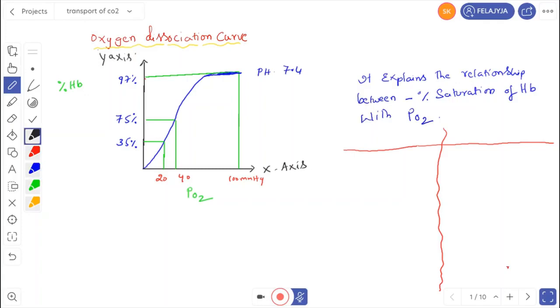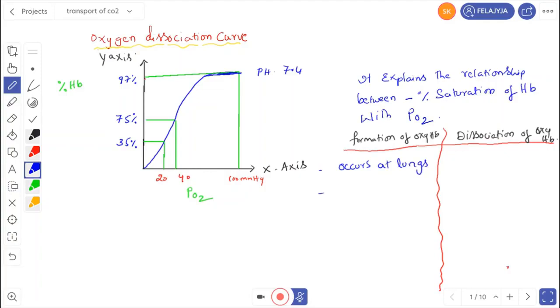So we see the first one, formation of oxyhemoglobin, and here dissociation of oxyhemoglobin. Where the formation occurs, that is the question. It occurs at lungs. So oxyhemoglobin formation occurs at lungs.